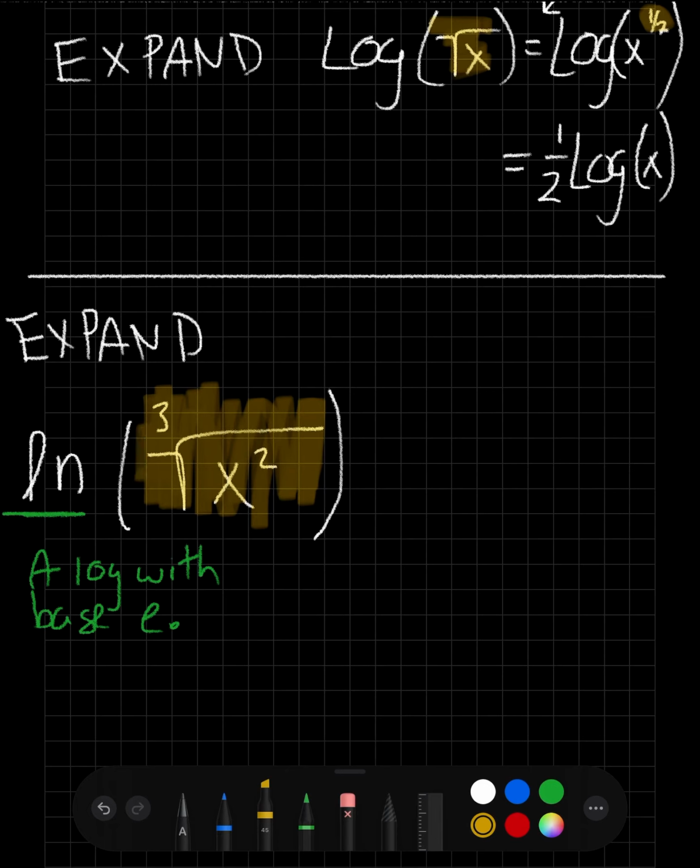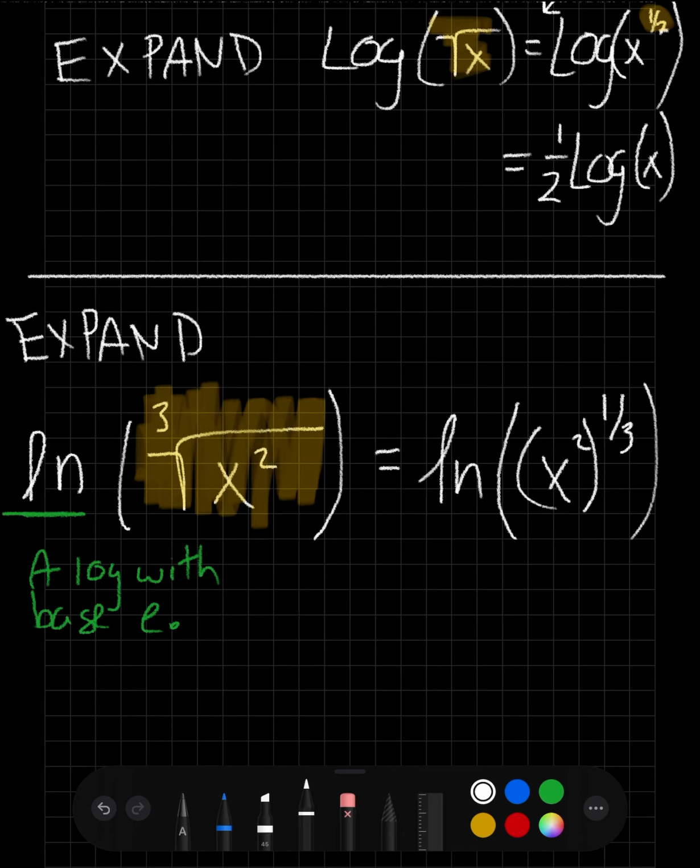So I told you that the square root can be written as raising something to the 1/2 power. The cube root, I can write this as ln of x squared to the 1/3. And this 1/3 here is taking the place of that cube root.